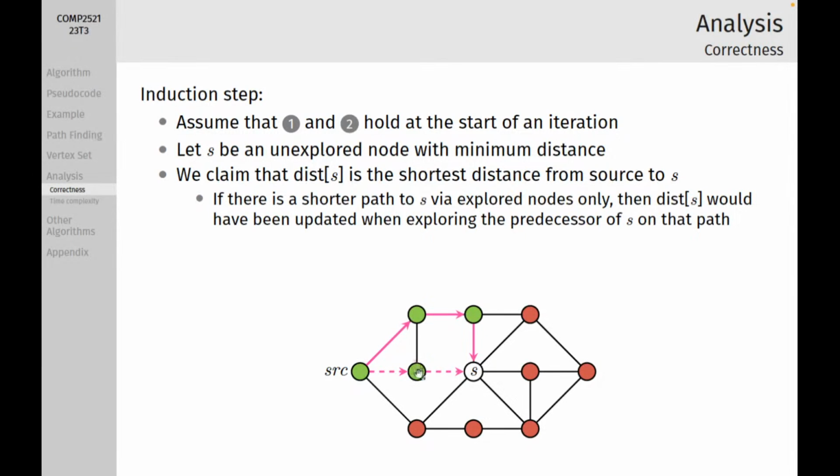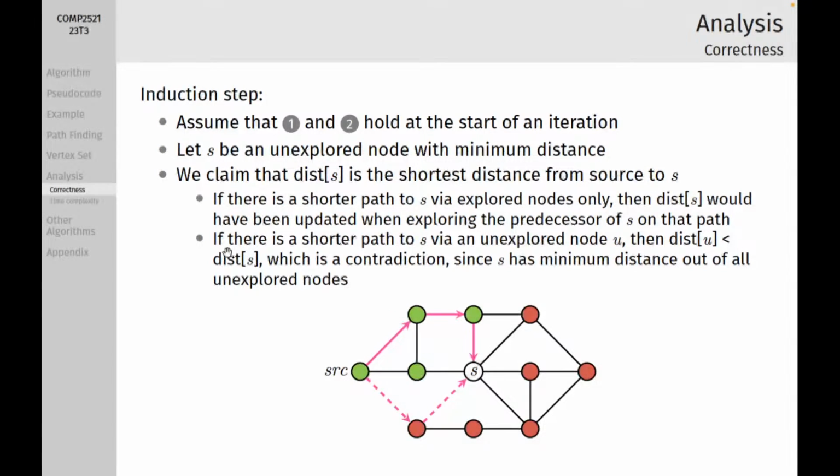So if this path is shorter than this path over here, then we would have updated the distance when we were exploring this node over here. So that's not possible.